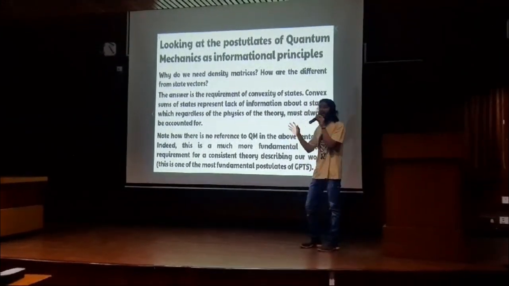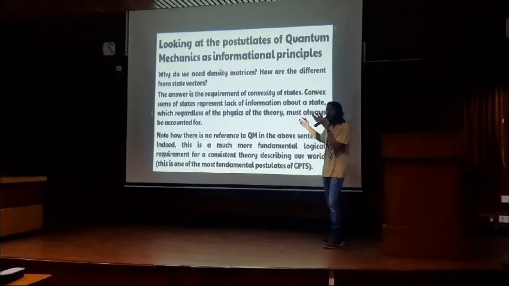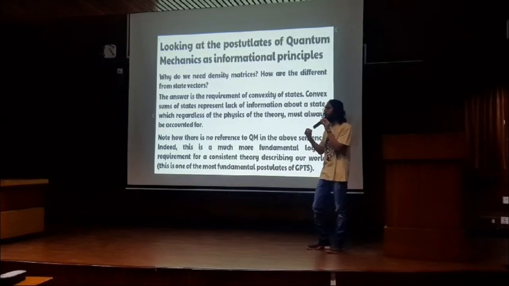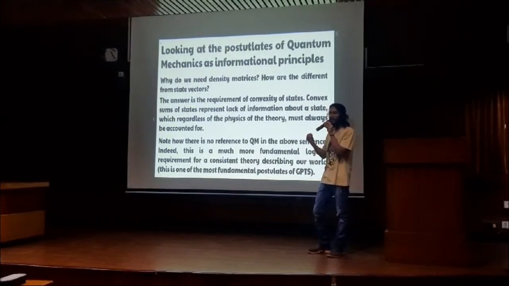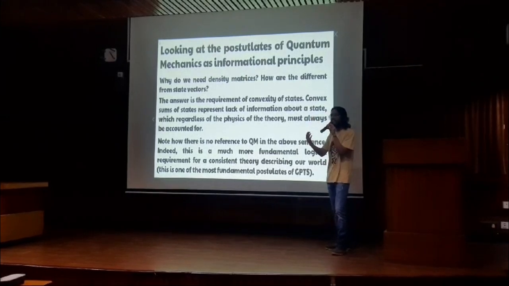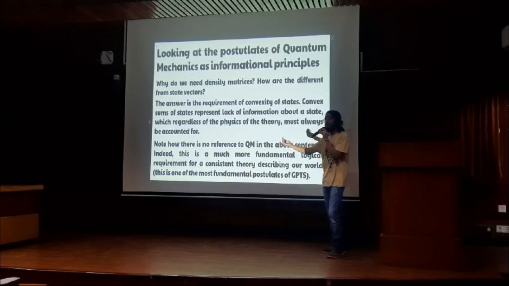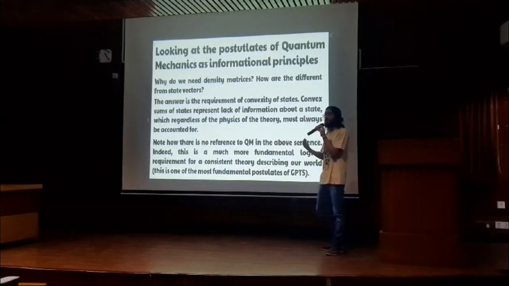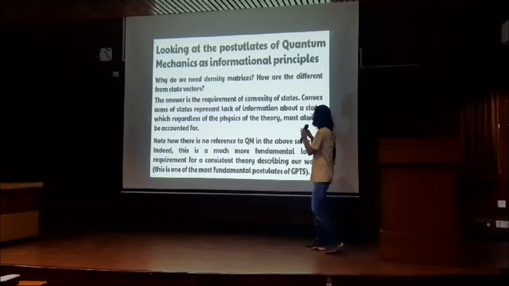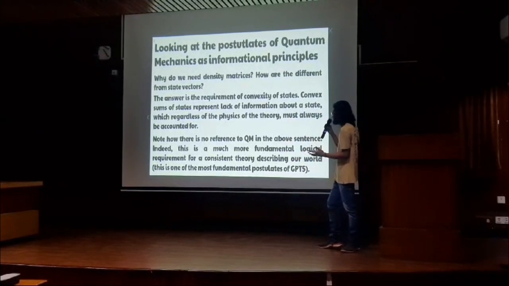And there's nothing quantum about that. You can create such classical states as well. And in general, we would require any physical theory to satisfy these principles, because it logically makes sense. There are going to be instances in life when you don't know the specifics of an experiment. You've just been given a state, in which case you can't reduce any further. Right? So convexity is a very natural property that we must demand from our states.